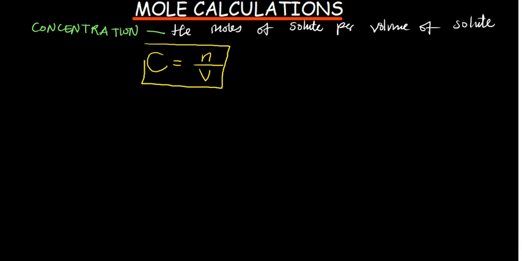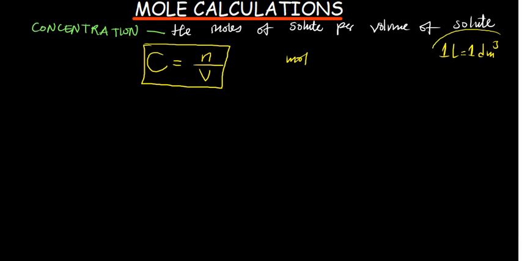That gives us concentration. Now the unit for moles is a mole, and the unit for volume that you're supposed to use here is a liter. But 1 liter is the same as 1 decimeter cubed. This one you need to know.